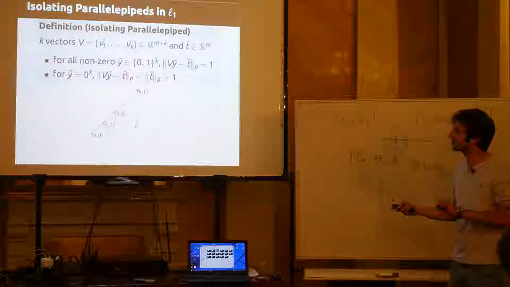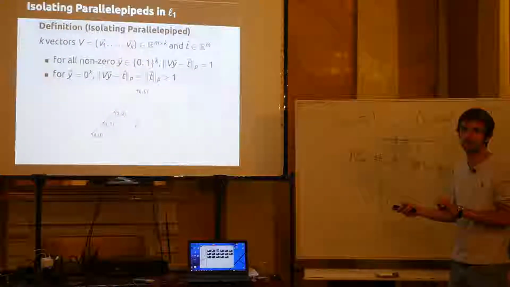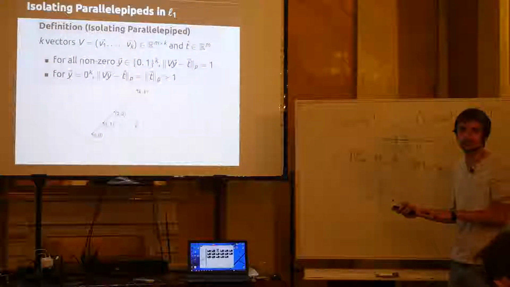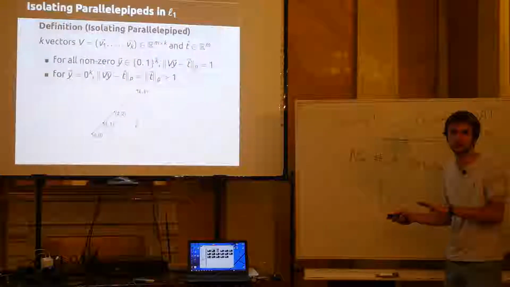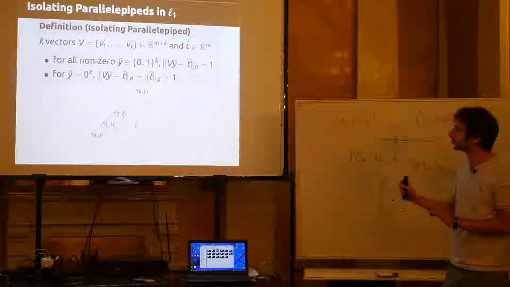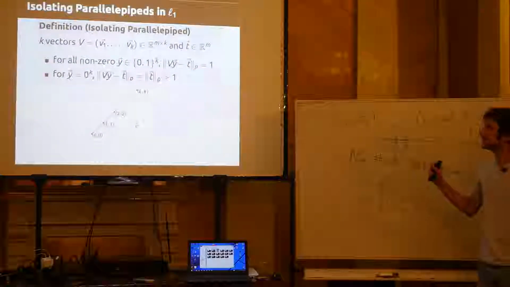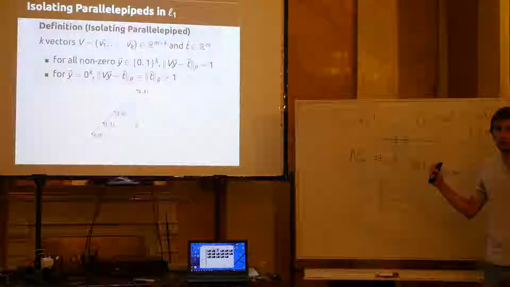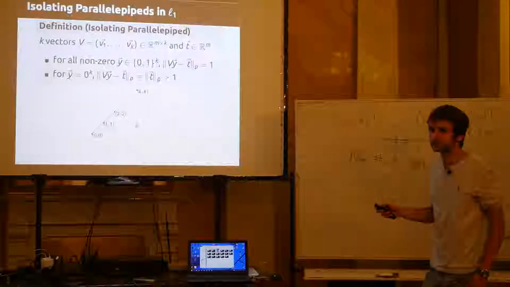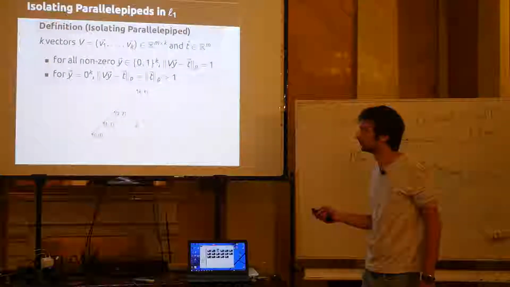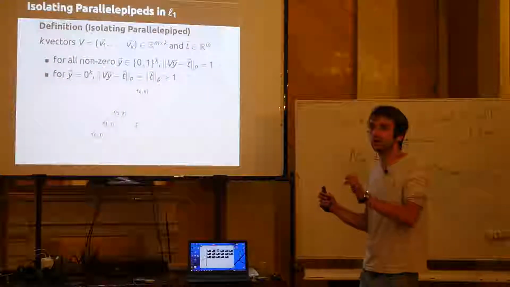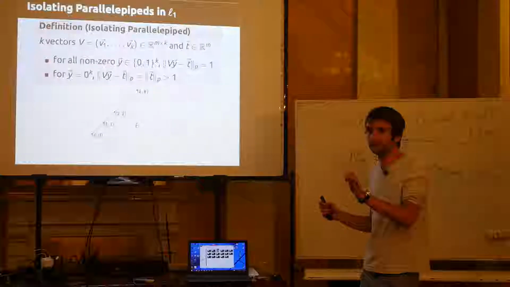From the origin, though, the distance is k plus 1. So this is a valid isolating parallelepiped for the norm L1. And it works for every single value of k. We just proved that CVP in the norm L1 is 2 to the n hard. Yes, all k vectors are 1, 1.